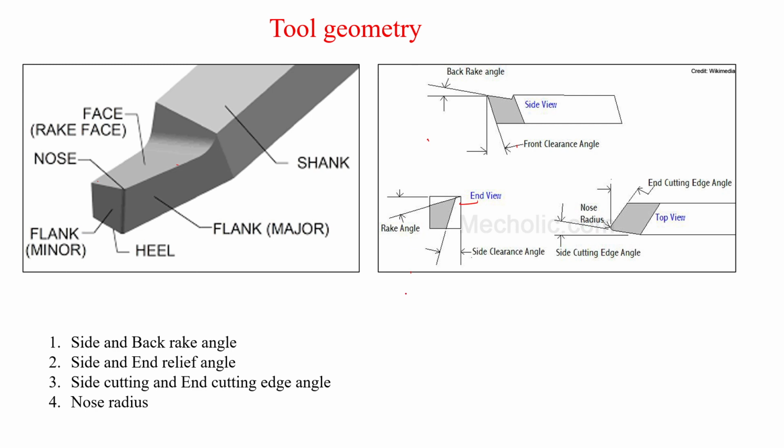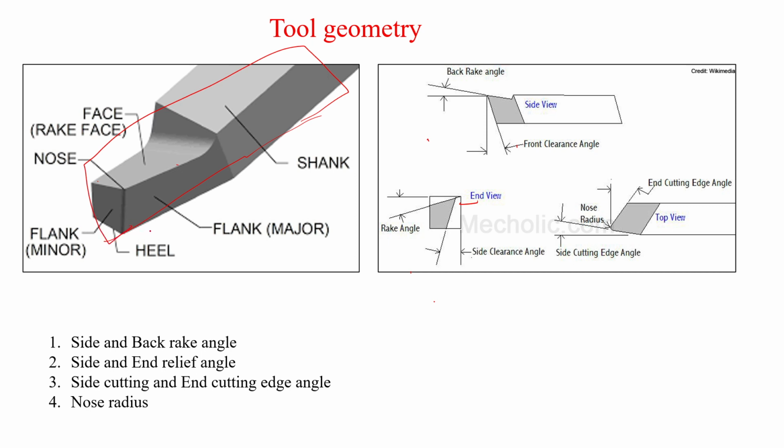First of all, what is reference plane? Reference plane is a horizontal plane at which this tool is resting. For example, if the tool is resting in this plane, this is called the reference plane, right?